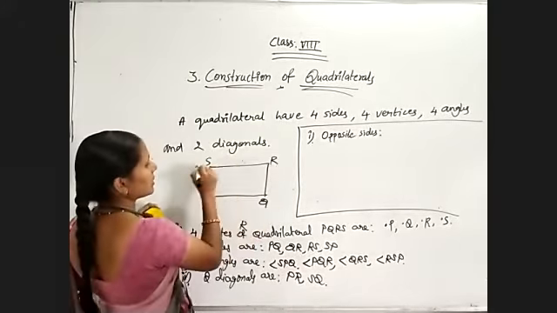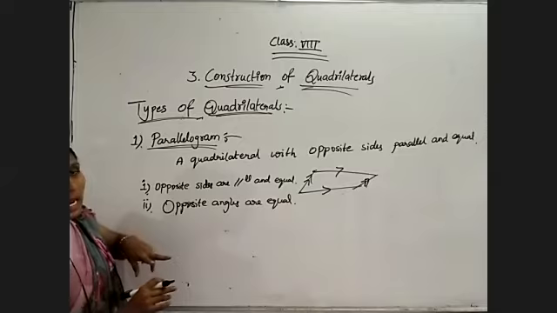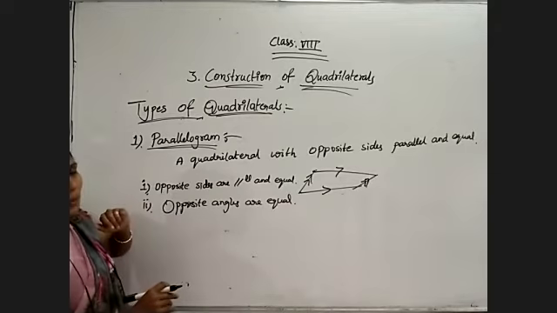And my second property is, after finishing the sides, go for angles. Opposite angles are equal. 2 angles are acute angles, 2 angles are obtuse angles.